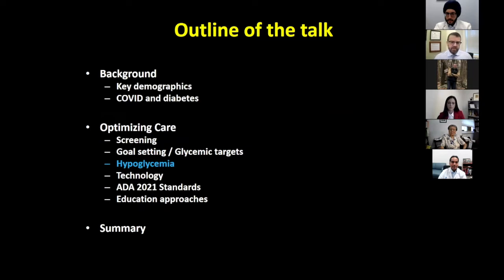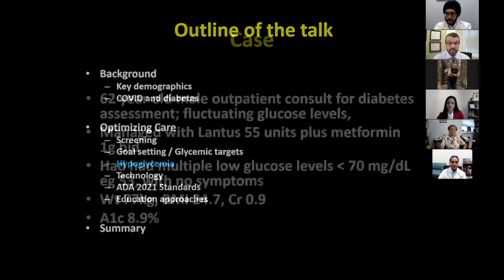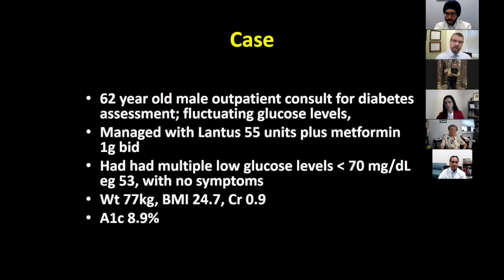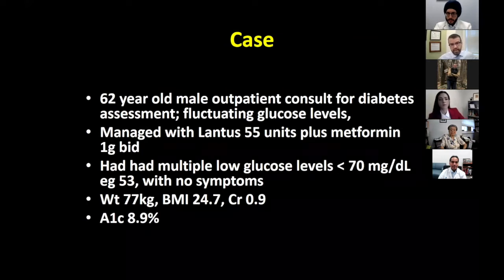What I'd like to move on to next and cover in type 2 diabetes is hypoglycemia, particularly some of the recent updates and what we're trying to achieve in terms of minimizing the risk of hypoglycemia as well. This is a practical case I'd like to give just now. Someone who came to our clinic was a 62-year-old male.